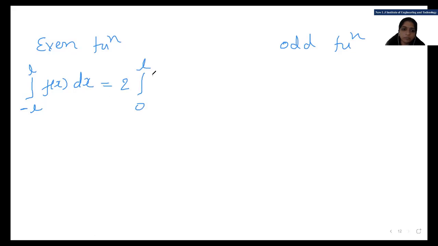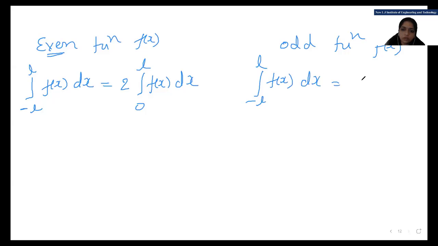to L of f of x dx. This is applicable when your function is even. For an odd function f of x, the integral from minus L to L of f of x dx, your direct answer will be 0.